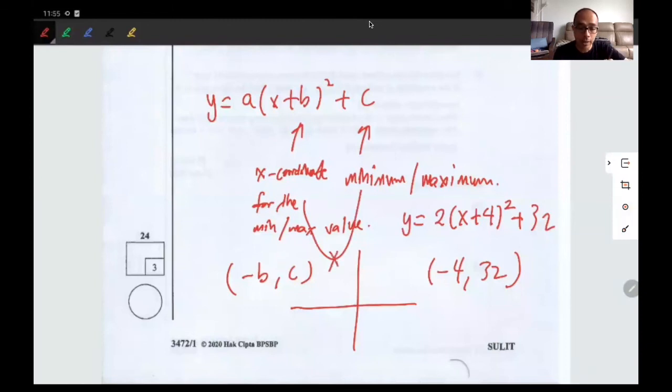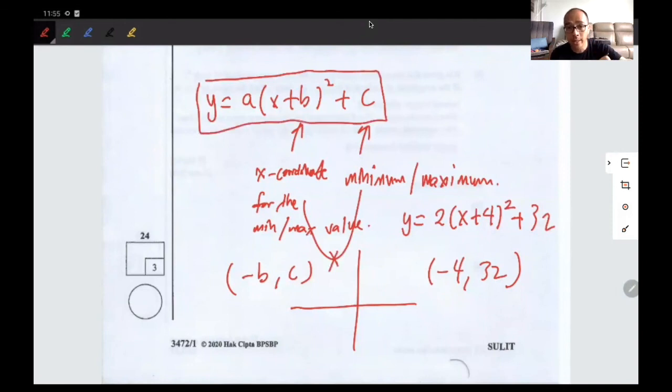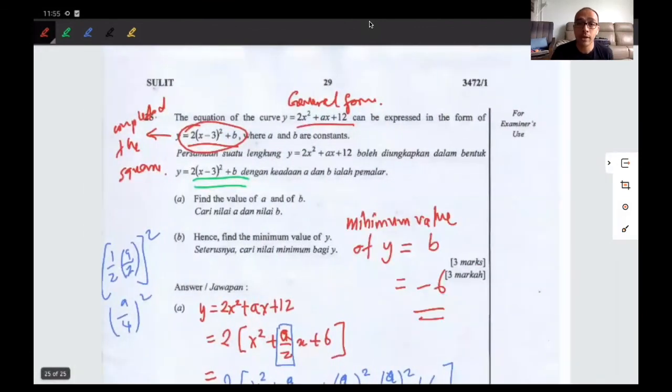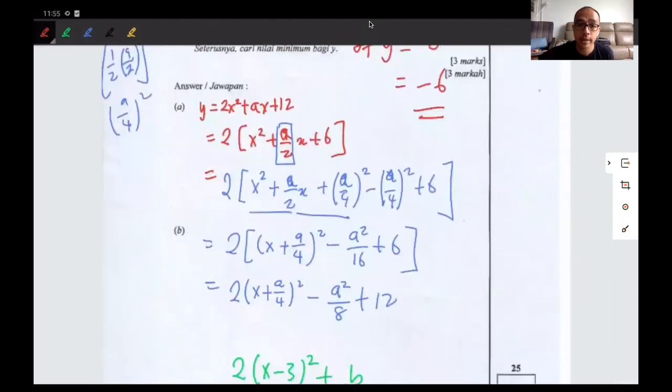So completing the square tells us two things. One is the minimum or the maximum coordinate, the x coordinate, and also the axis of symmetry, which I won't talk about now. I just want you to get a general idea in case you have forgotten.